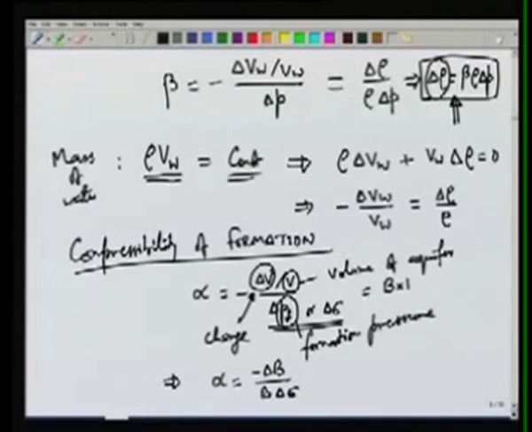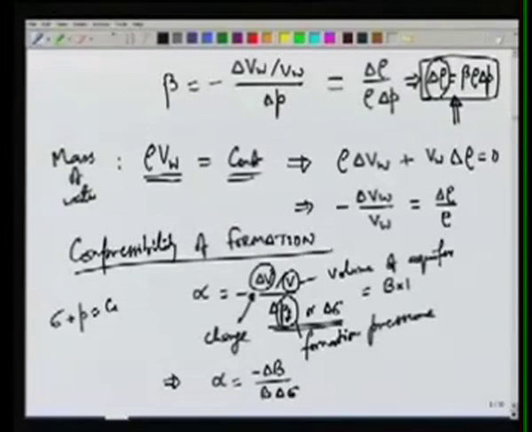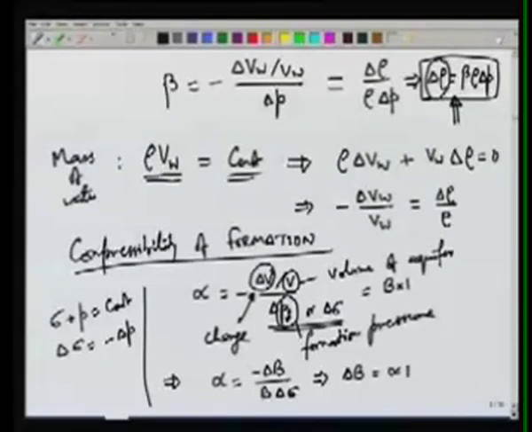We have also seen earlier that sigma plus P is constant. Therefore, delta sigma will be equal to minus delta P. And therefore, we can also write delta B from here as alpha B delta P.